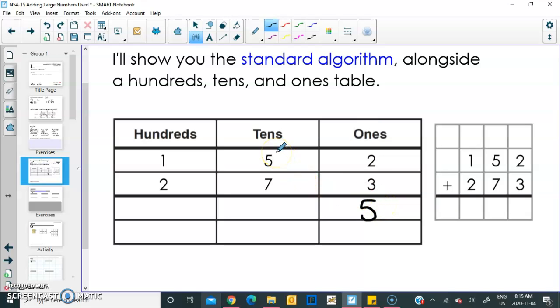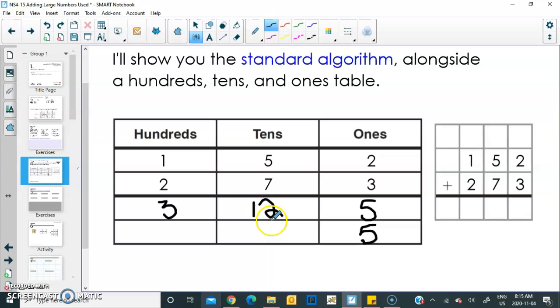Now we have 5 plus 7, which we know is 12. Oh, we're going to have to regroup the 10s. And we have 1 plus 200s, which equals 3. Okay, so now for the ones, do we have to change anything to the 5? No, we don't. We can just keep it as a 5.